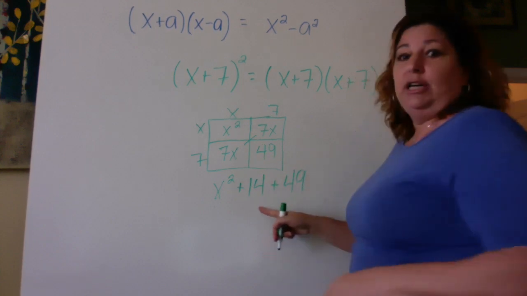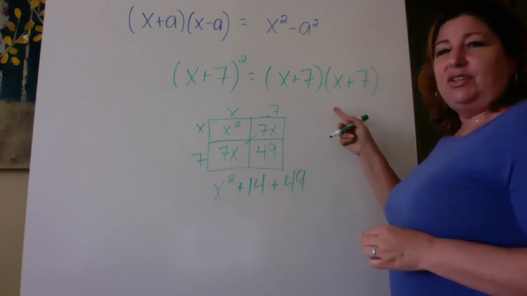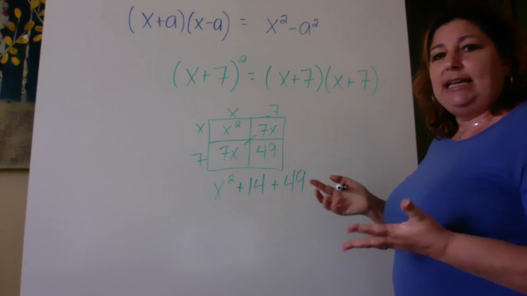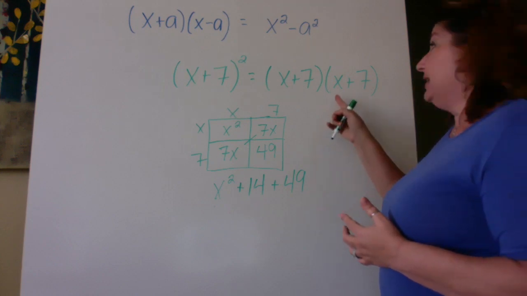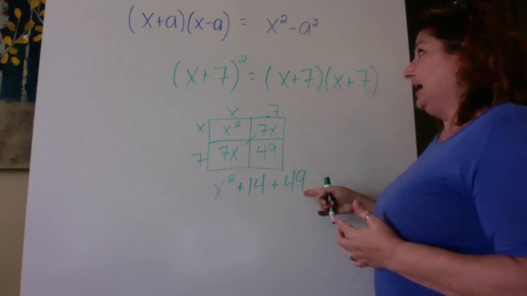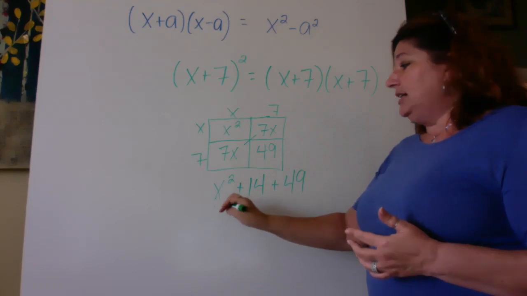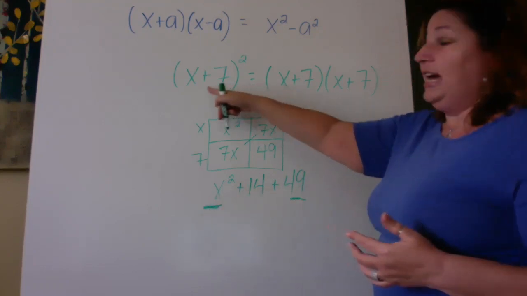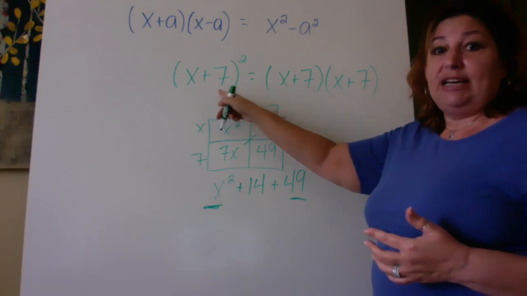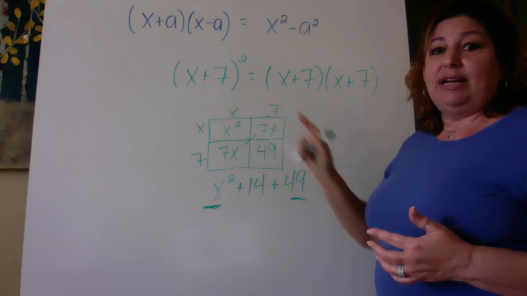So let's take a look at what we got as a product and what we started with. Do you see any correlations, any connections? I'm hoping you see that 7 times 7 is 49, and we know x times x is x squared. So that takes care of the first term and the last term. When we have x plus 7 squared, we're going to be squaring this and squaring that.